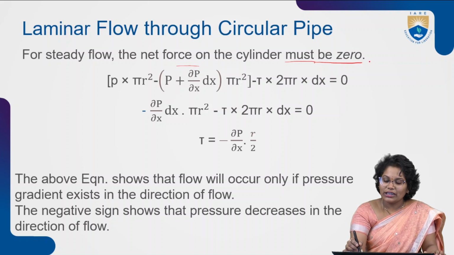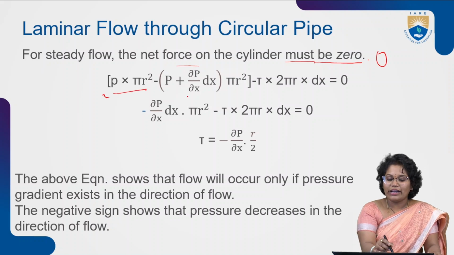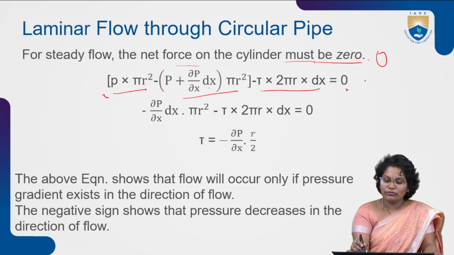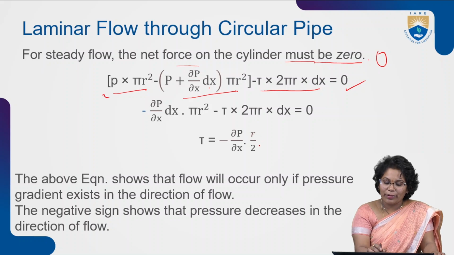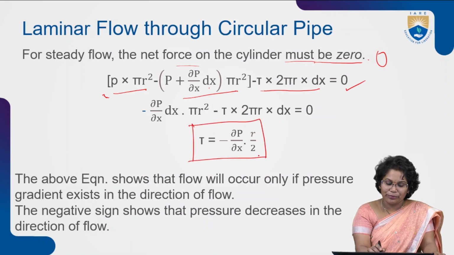So the pressure force on the left side is P pi r square, the pressure force on the right side is P plus dou P by dou x into dx times pi r square, and tau into 2 pi r into dx is the shear force, and the sum is equal to 0. Equating to 0, I got tau is equal to minus dou P by dou x into r by 2.